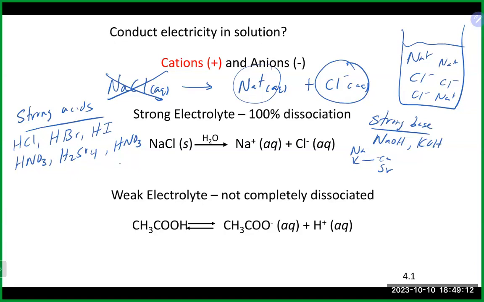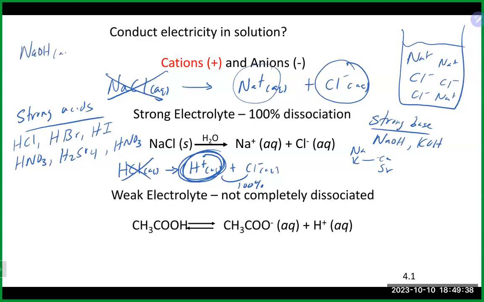So if you had a hydrochloric acid solution, you would have H+ ions and chloride ions floating around. 100% of it would be those ions, which is why you would not have any HCl units in the solution. That's why it's a strong acid, because it's able to produce a lot of free H+ really, really quickly. Same thing with sodium hydroxide, a popular strong base: put it into solution and you basically have sodium ions floating around and a bunch of hydroxide ions.